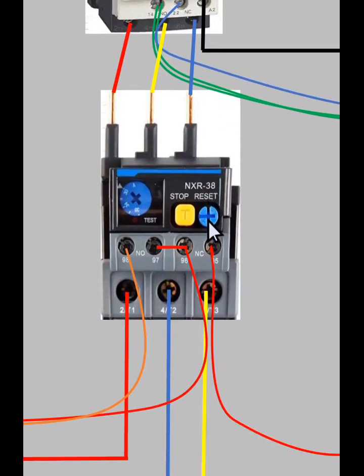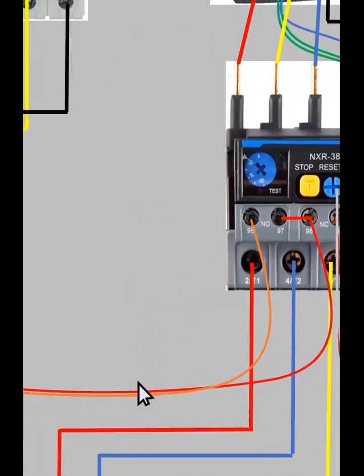This is our overload. You can see very well. This is 95, 96, which is usually normally closed. When this is working, when it has not tripped, the live goes through this. But when it has tripped, the live goes through this, energizing our trip light to tell us that it has tripped, which is this.